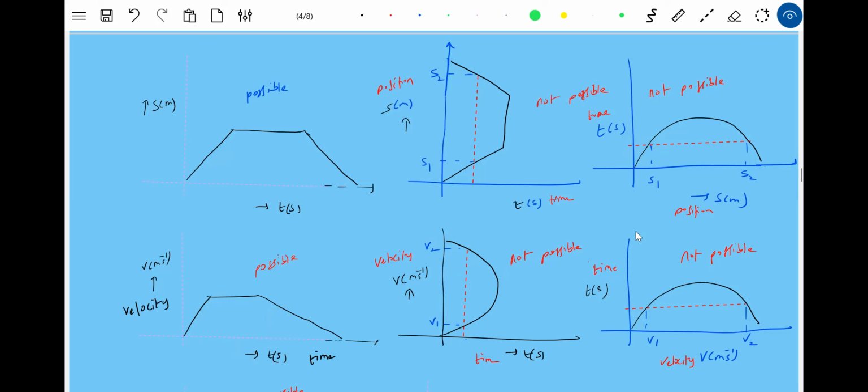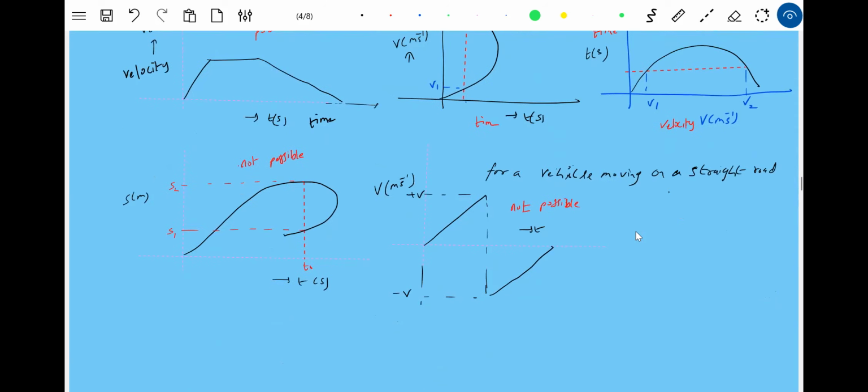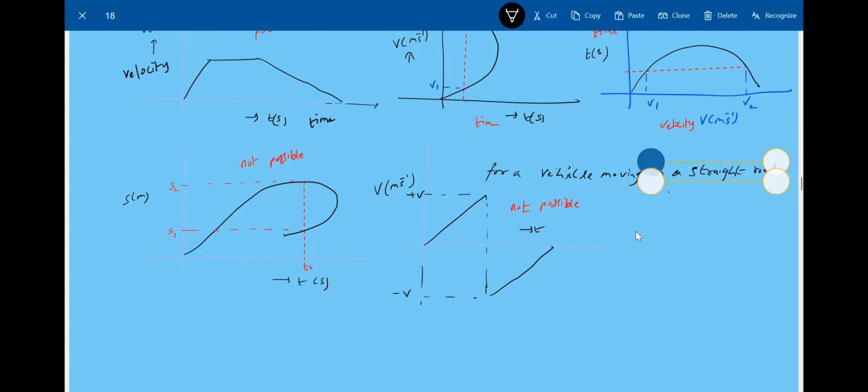So like this, we should identify whether the graphs are possible or not. What about this curve? At a given instant of time, it has two different positions, so not possible. For a vehicle moving along a straight line, suddenly changing its direction of motion, not possible. Now this is for this condition.